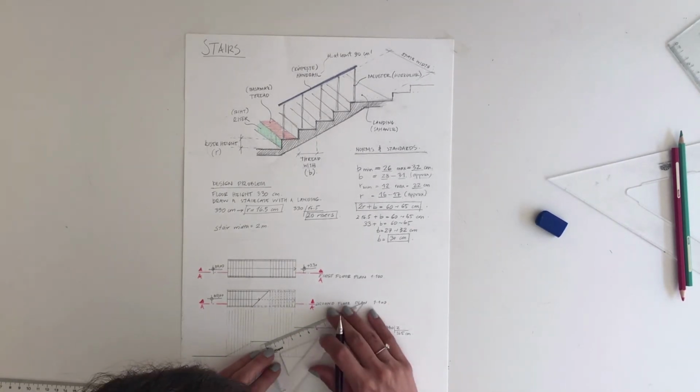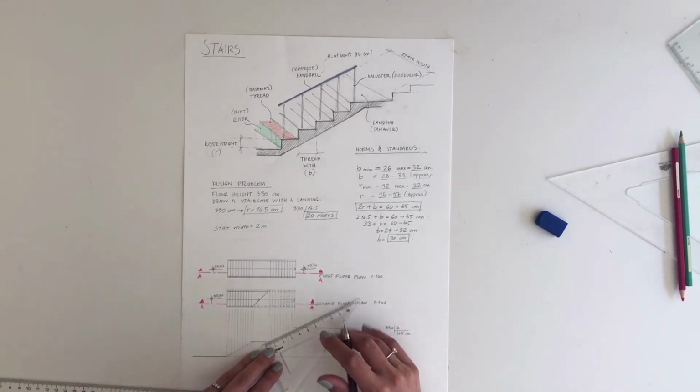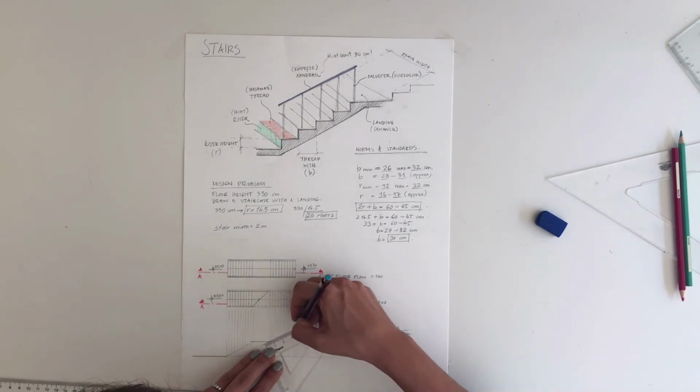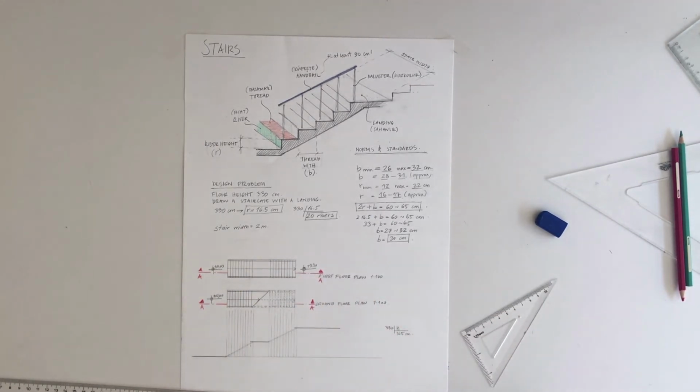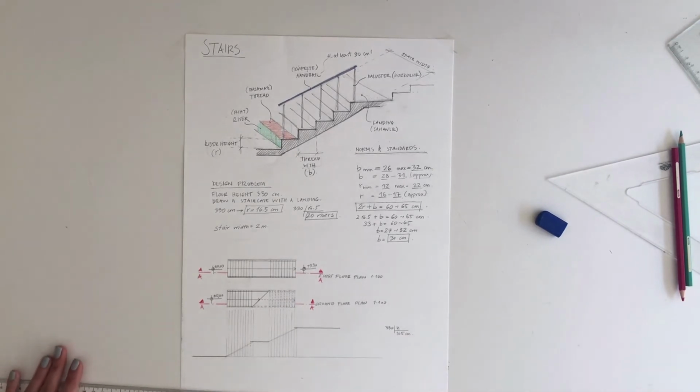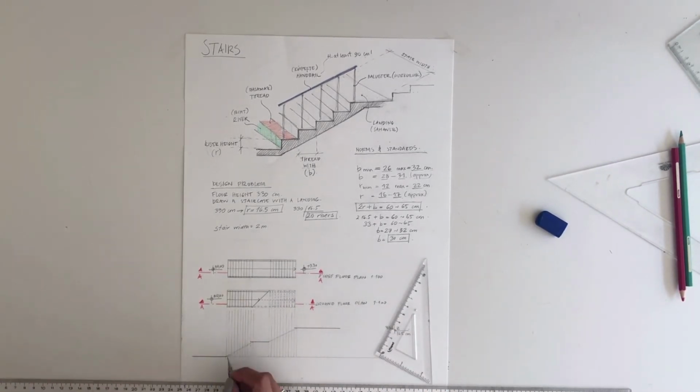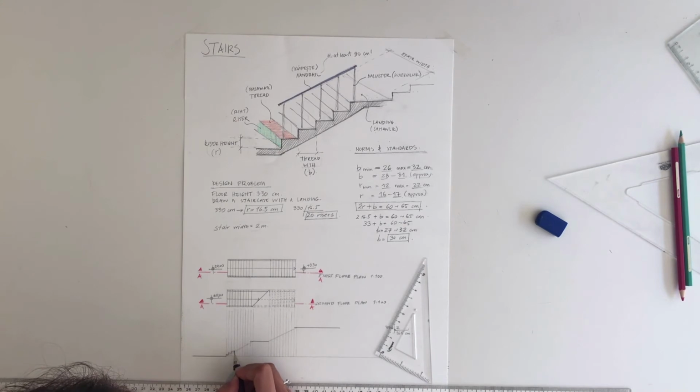I will do the same for the second part of my staircase, like that. Now I don't need to measure again the height of the risers because these intersection points give me these measures. So I can connect those points and draw my staircase.